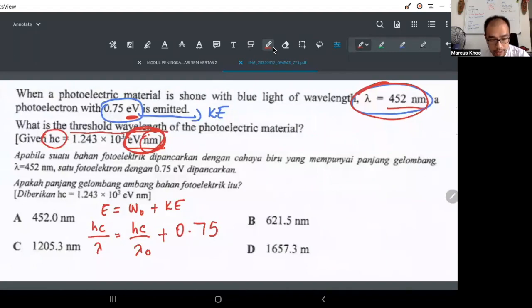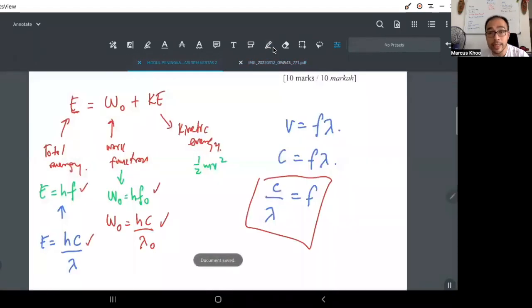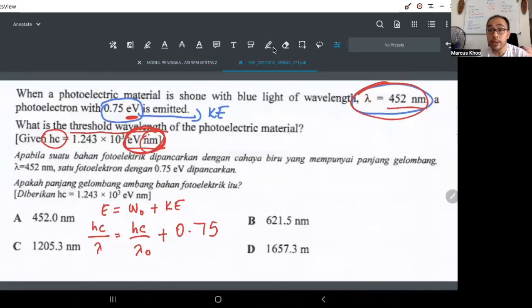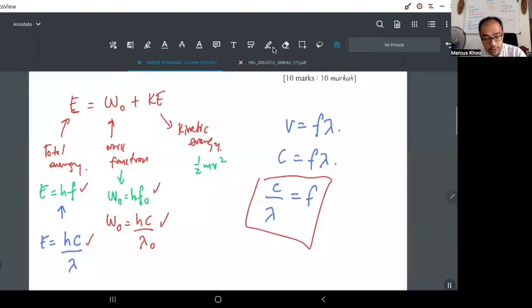Where did I get this? I already explained it here, so take a look at this later. Then I substitute everything in. hc is 1.243 times 10 to the power of 3. Sorry, I have no space, so I will write it here.